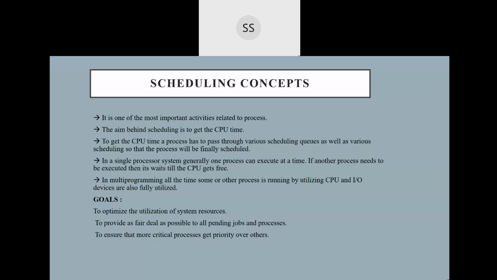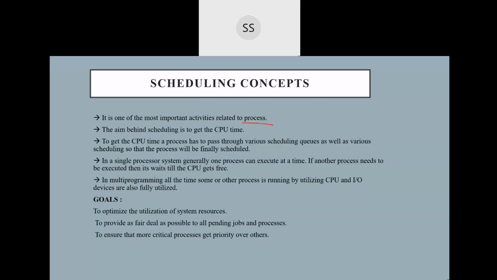As I said, a good example is your own course: if there are 5 courses or 4 subjects, we give different time slots to different courses so that you can utilize your brain's resources maximally. So scheduling is very important, the most important thing related to processing.